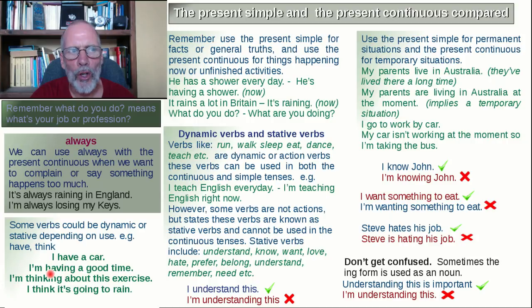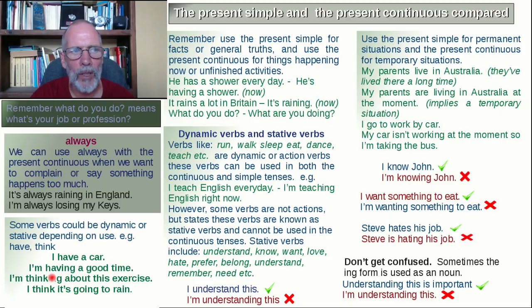Here you're not using have to talk about possession exactly. You're using it to talk about an experience. You could also use the verb have with food and drink and say, I'm having a drink of water. So have, when it's used for possession, is stative, but other uses of have could be dynamic.